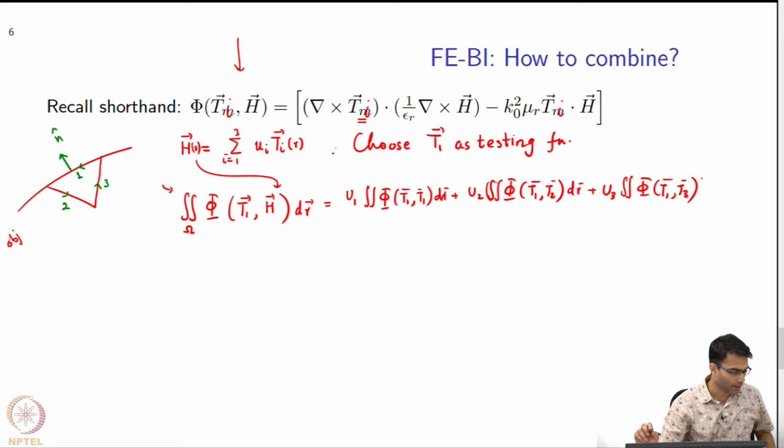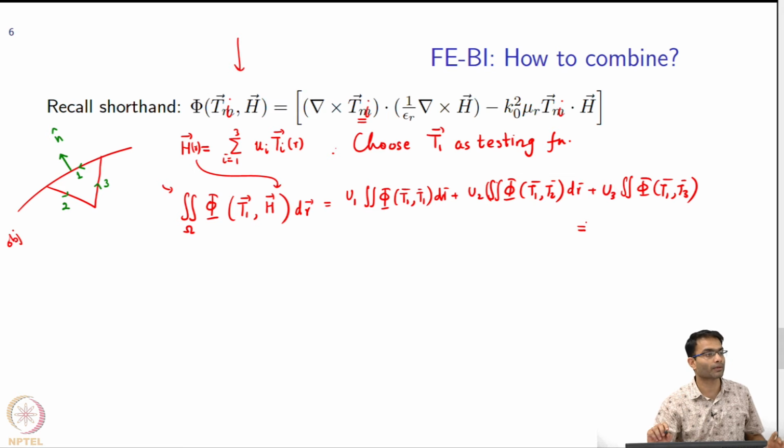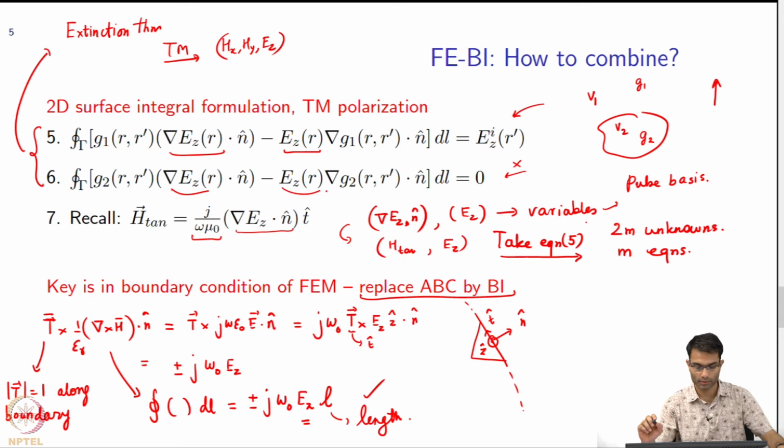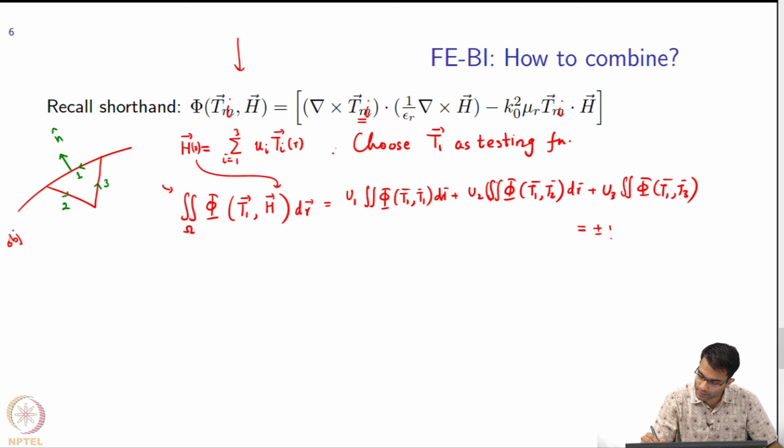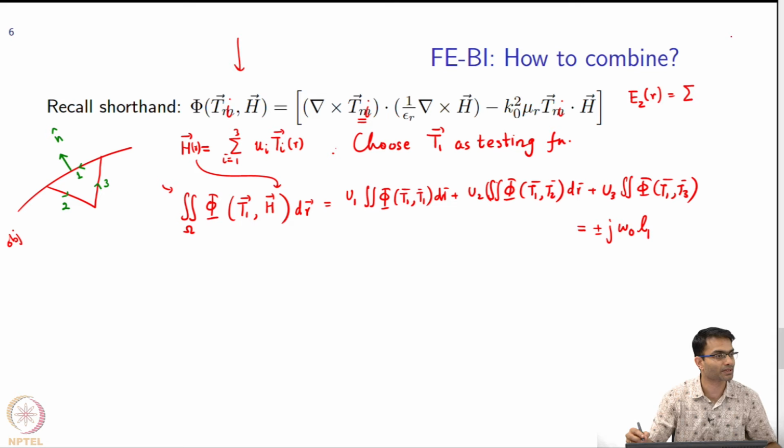And now this is going to be equal to what? The boundary term, which by our careful thing over here is going to be this term, right? So it's going to be plus minus j omega naught L1 times Ez, right? So for Ez, let me write it over here. This Ez of r, I am going to write in terms of the pulse basis function, right?